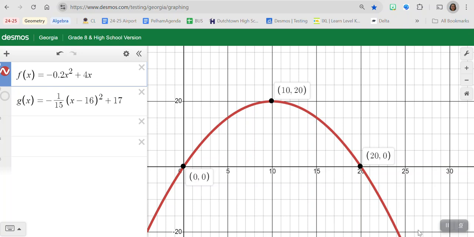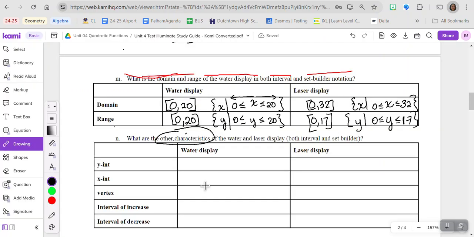And that is the other x-intercept. So there's two x-intercepts. So x equals 0 as well as x equals 20. The y-intercept happens when y equals 0. And the vertex is 10, 20.